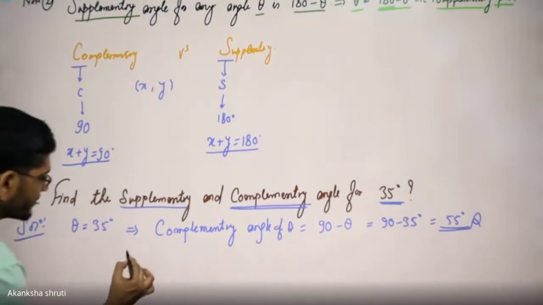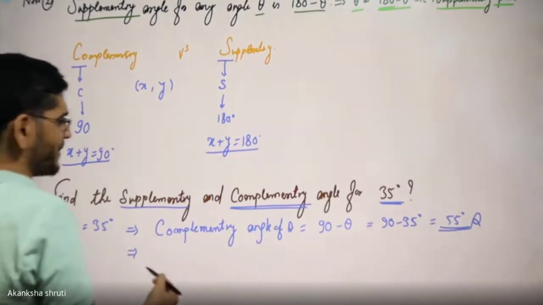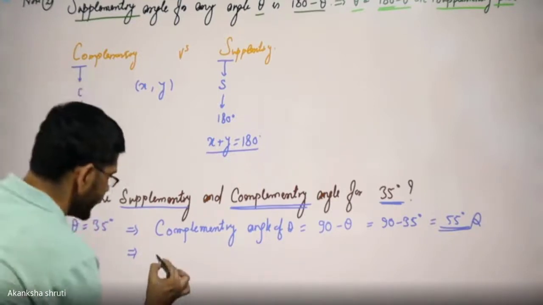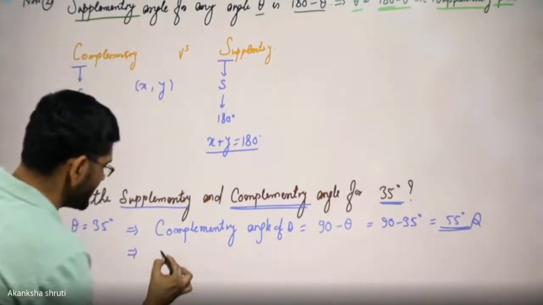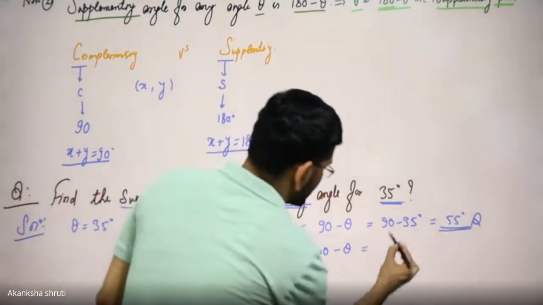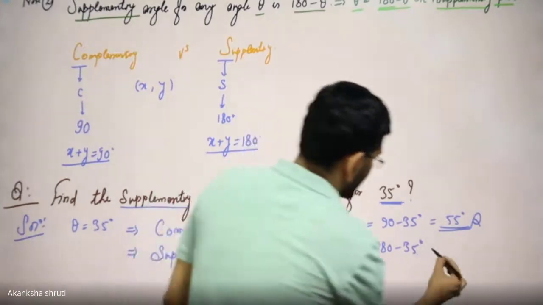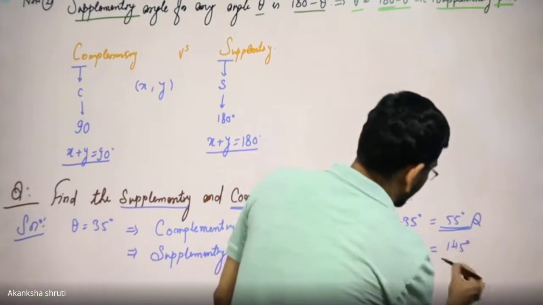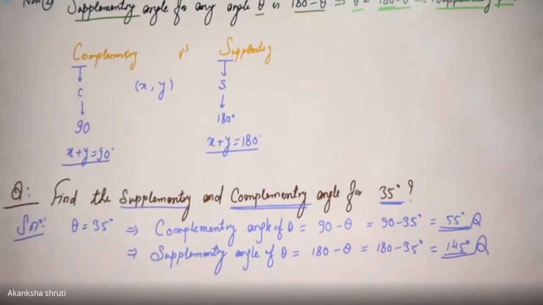Now, the supplementary angle is obtained by subtracting the angle theta from 180. Therefore, supplementary angle is equal to 180 minus theta. This is equal to 180 minus 35. Therefore, it becomes 145 degree. This is the required answer. This way the two answers are calculated.